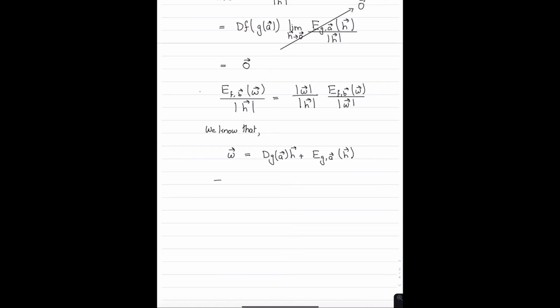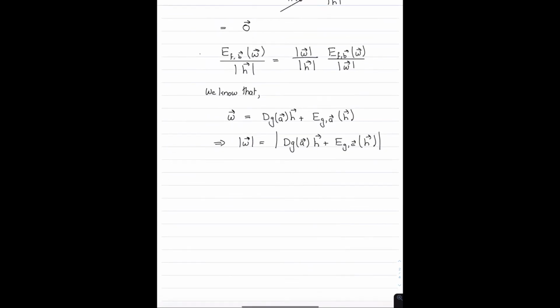Now, what this implies is that the norm of w is equal to the norm of this entire piece, dg of a applied to h plus e of g comma a of vector h, and by the triangle inequality, this is less than or equal to the norm of dg of a of h plus the norm of e of g comma a evaluated at vector h.